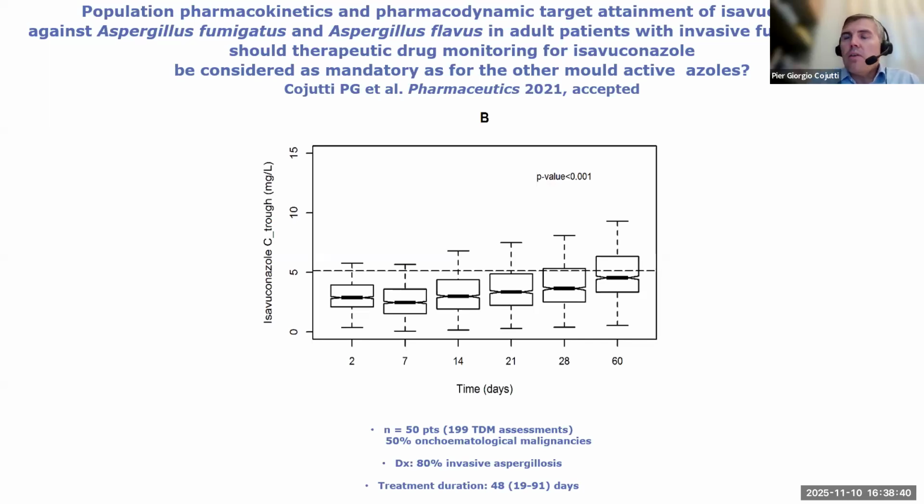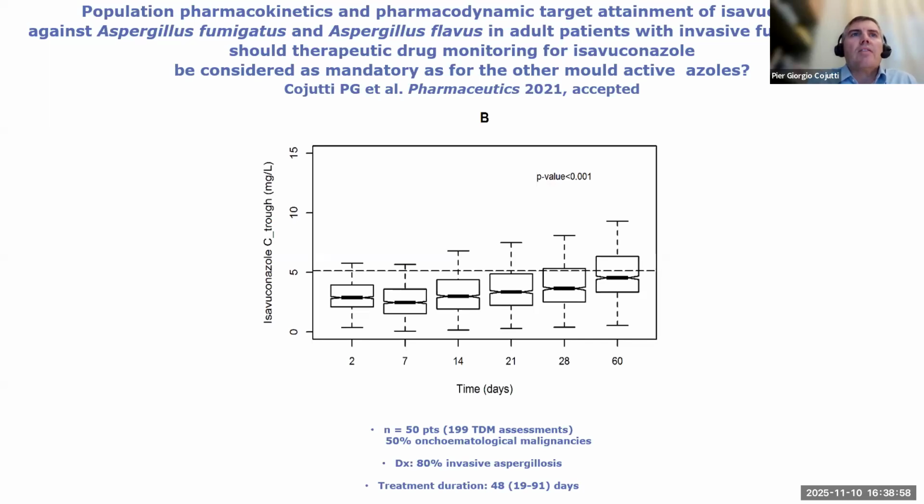With isavuconazole, all these problems disappear. Isavuconazole concentrations in plasma are much more stable. It has a longer half-life, and the need for TDM is less compelling than for voriconazole and posaconazole.